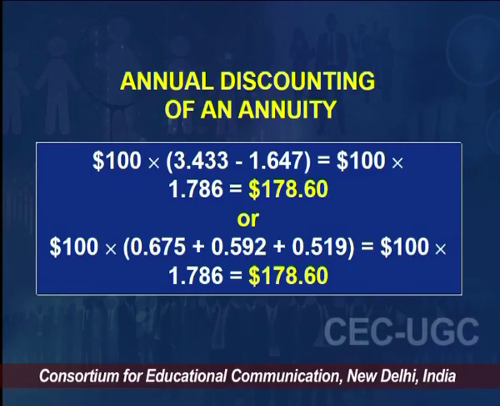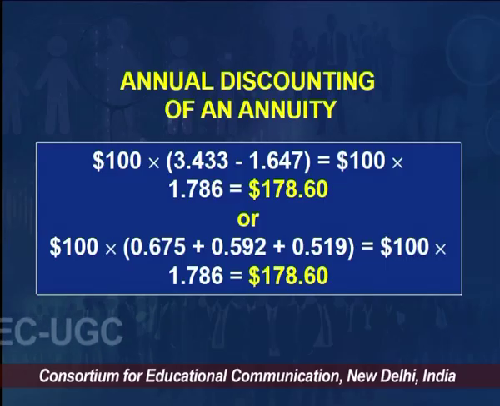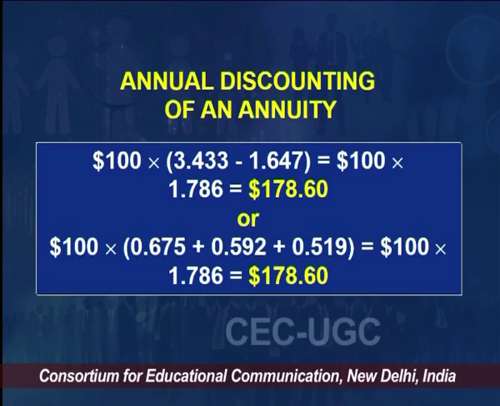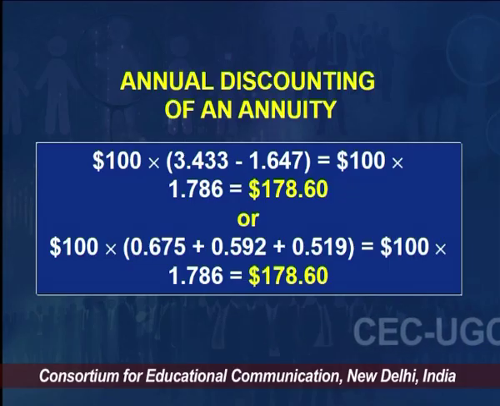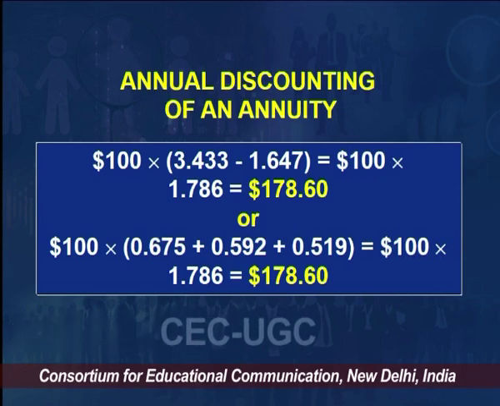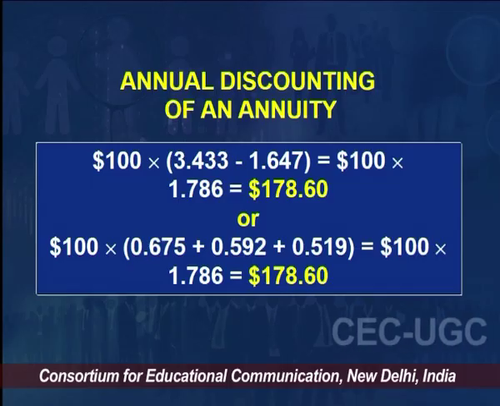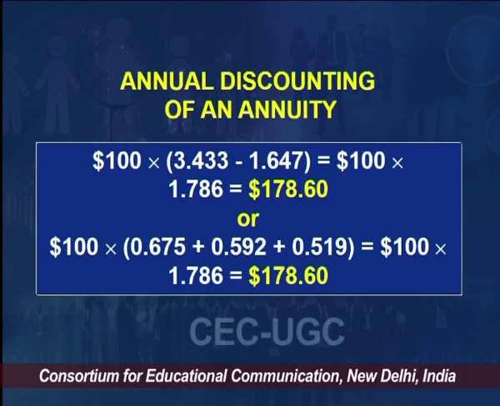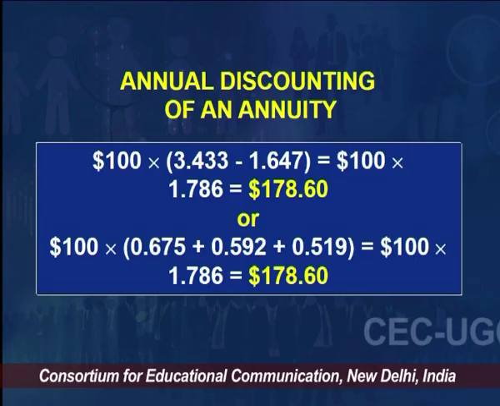We sum these three factors together and they make 1.786, the very same as in the first solution. So, you multiply 100 with the factor, and the answer comes the same. So, here we are discounting annually, and the amount seems to be an annuity, but we are receiving it after a gap of certain period.